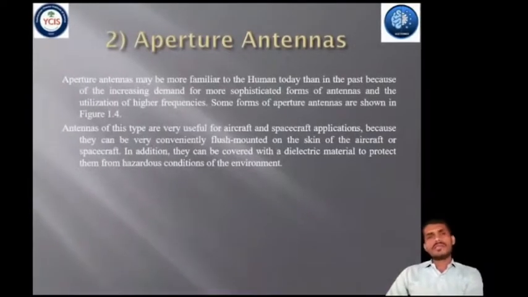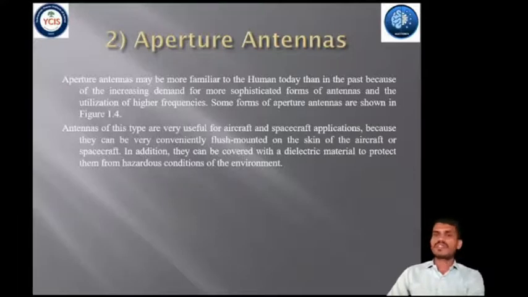The second one is the aperture antennas. Aperture antennas may be more familiar to humans today than in the past because of the increasing demand for more sophisticated forms of antenna and the utilization of high frequency.